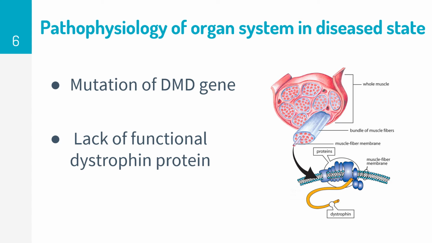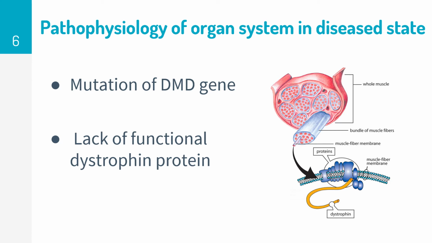So individuals who are healthy and don't have a mutated DMD gene are going to produce functional dystrophin protein. And as we have discussed earlier, functional dystrophin protein's role is to act as a stabilizing agent for muscle fibers as they encounter the forces during muscular contraction and muscular relaxation.